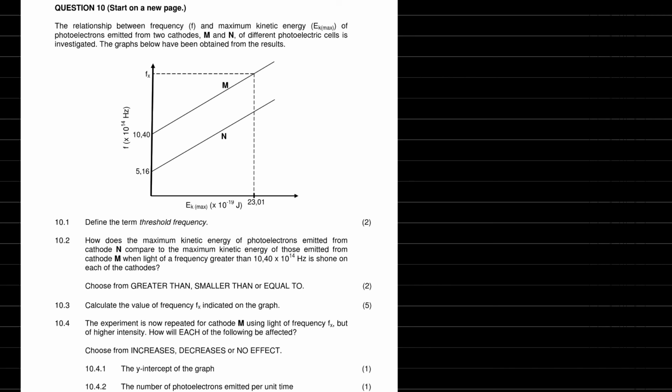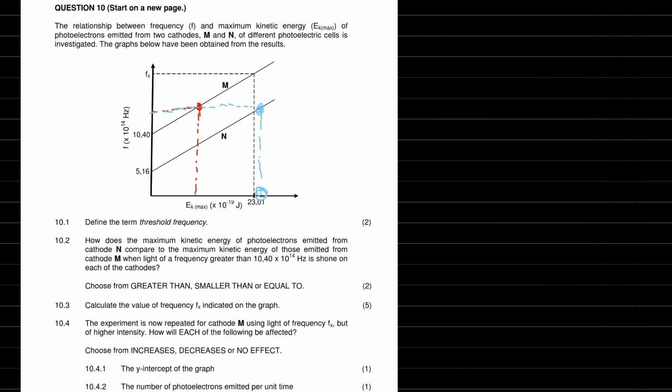So I'm going to compare it here. There's a line. It hits there at M. And for N, from the same point, it hits a much greater value. You can see that EK max is much bigger for N than it is for M. So it's going to be greater than.